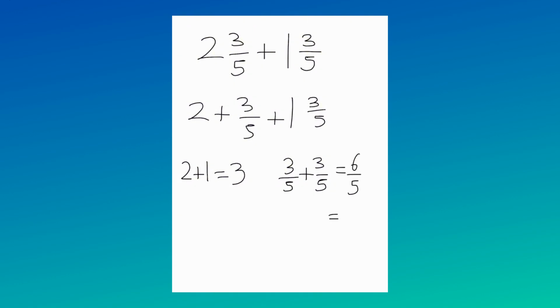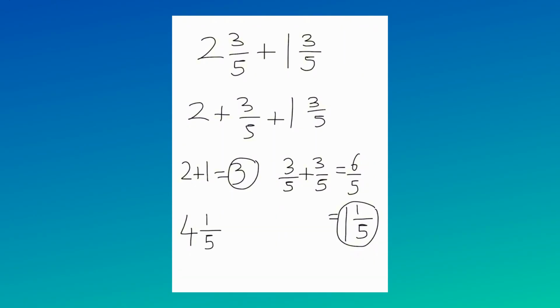Now 5s into 6 goes 1, with remainder 1 over 5. 6/5 is the same as 1 and 1/5. So now if I add my 3 and my 1 and my 1/5 together, I get 4 and 1/5.